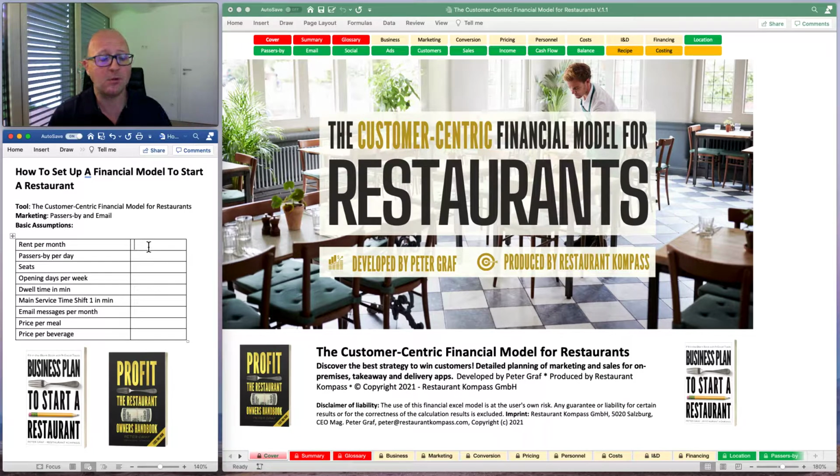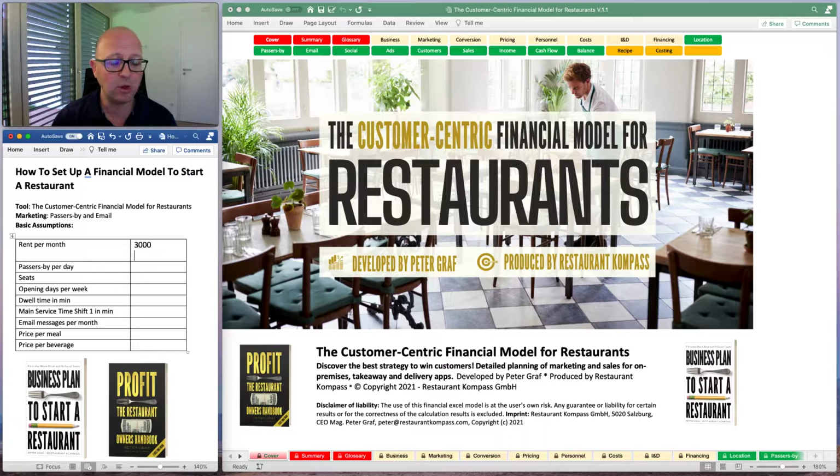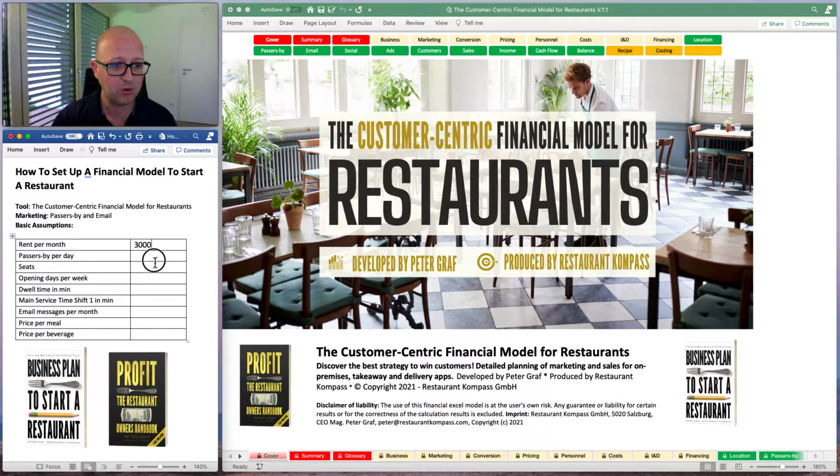Next, we need some basic assumptions on how our restaurant should look. I'm thinking about something like a quick service burger restaurant. Let's imagine we already found a location where we could start this new quick service burger restaurant. And let's say the rent is $3,000 per month. I'm just writing this down.